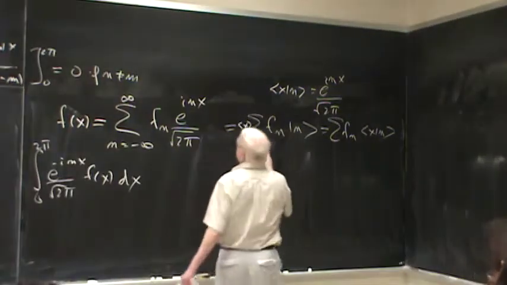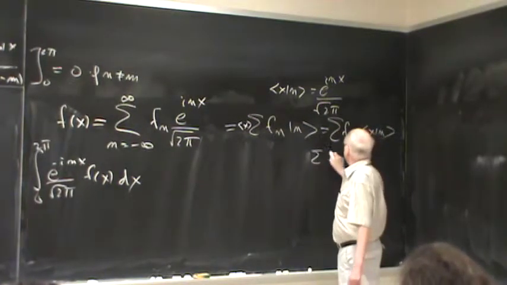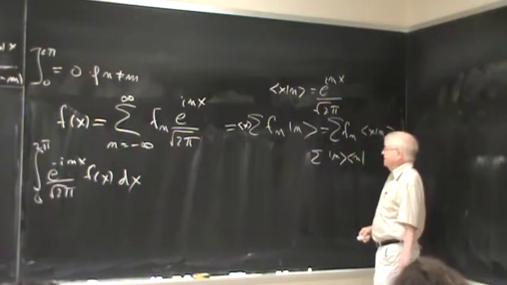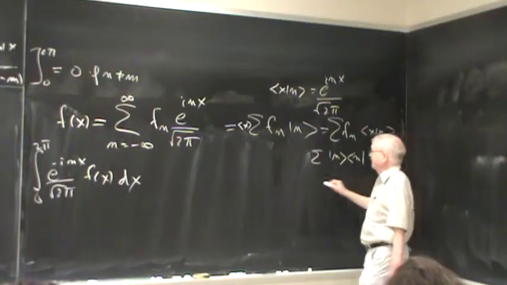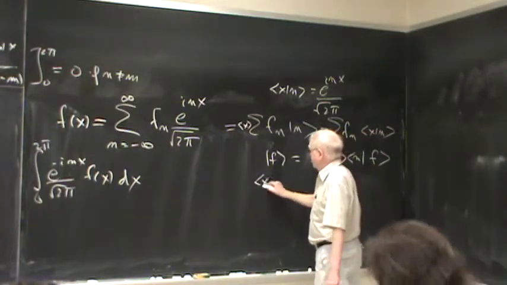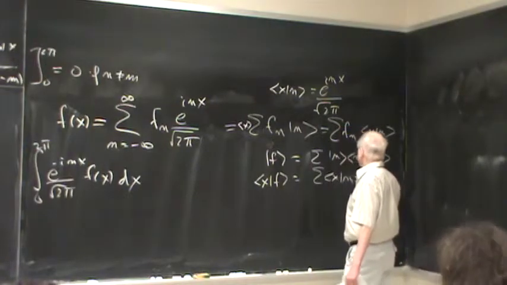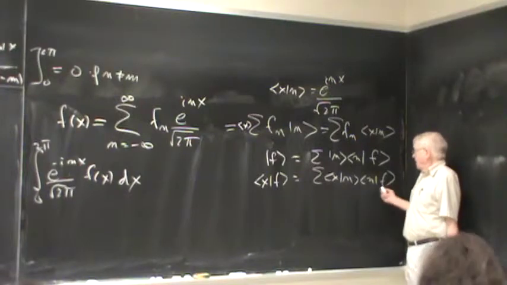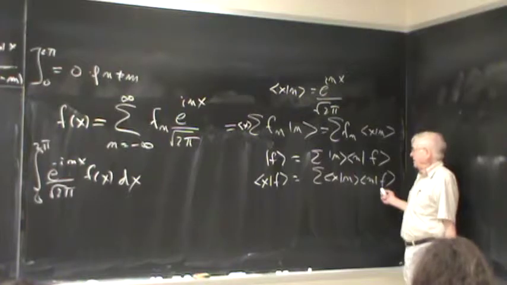In other words, if we write the identity operator as a sum of |n><n| as usual, then we can think of f as looking like that, and so <x|f> is a sum of <x|n><n|f>.